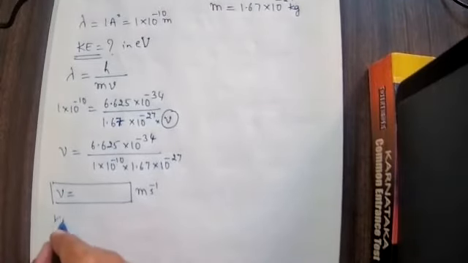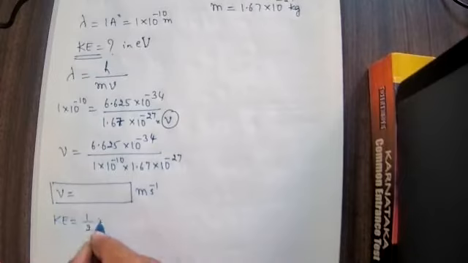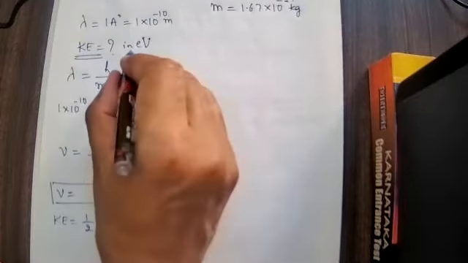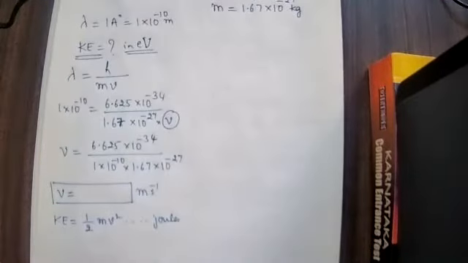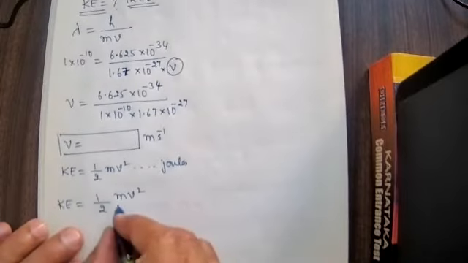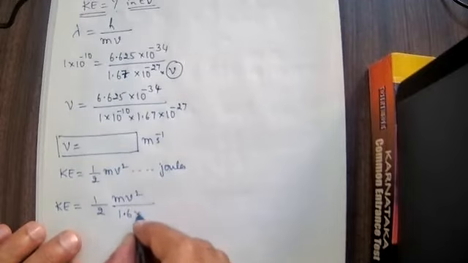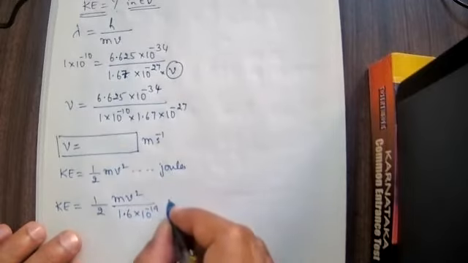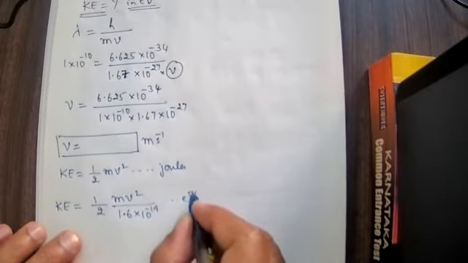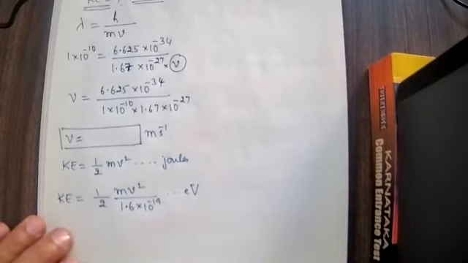Therefore, kinetic energy is equal to half mv square in terms of joules. But we want to get it in terms of eV. Therefore, kinetic energy is equal to half mv square divided by that charge, 1.6 × 10 to the power minus 19. Now it has been converted into eV.